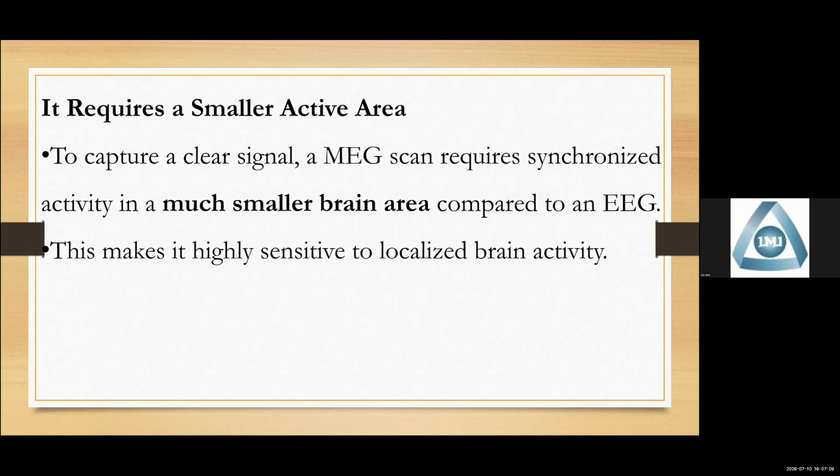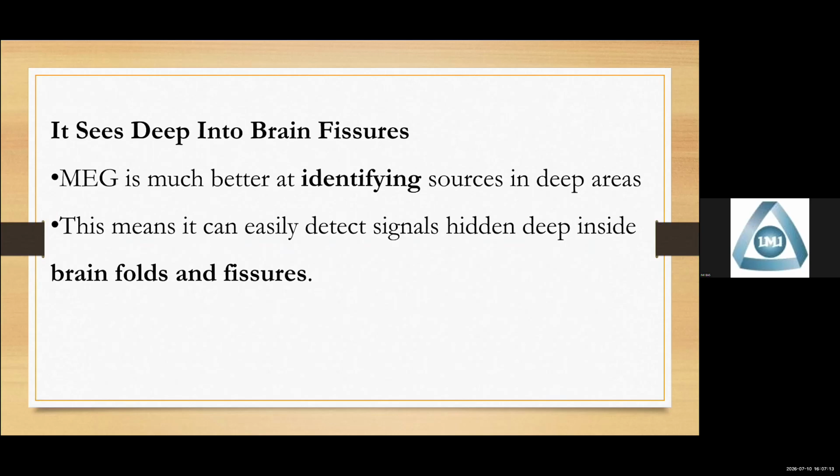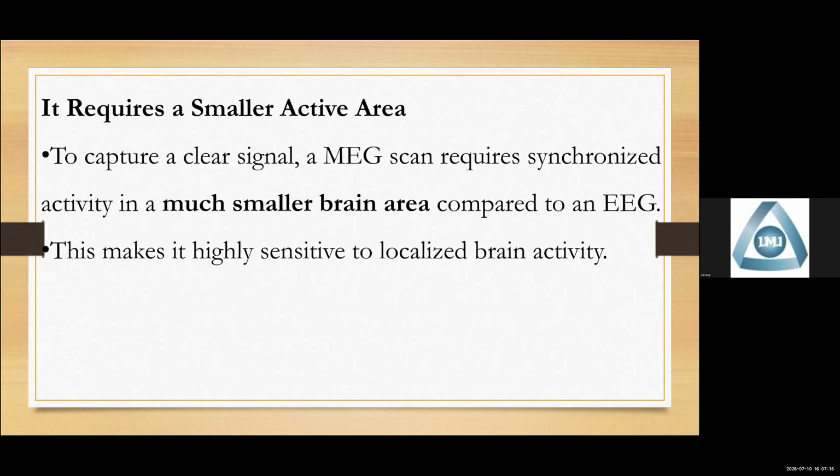It requires a smaller active area to capture a clear signal. An MEG scan requires synchronized activity in a much smaller brain area compared to an EEG. This makes it highly sensitive to localized brain activity.